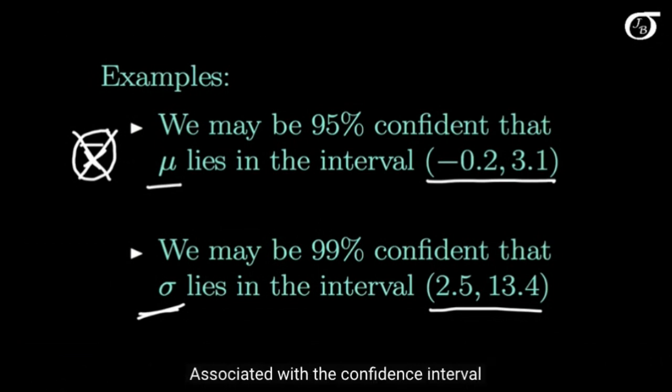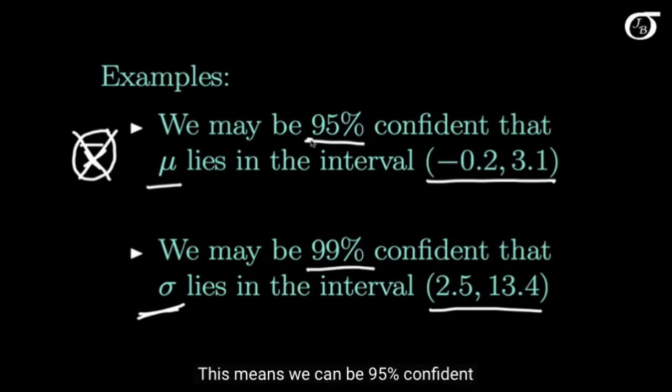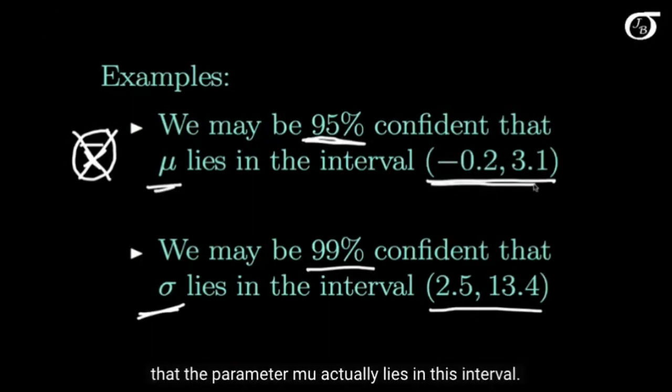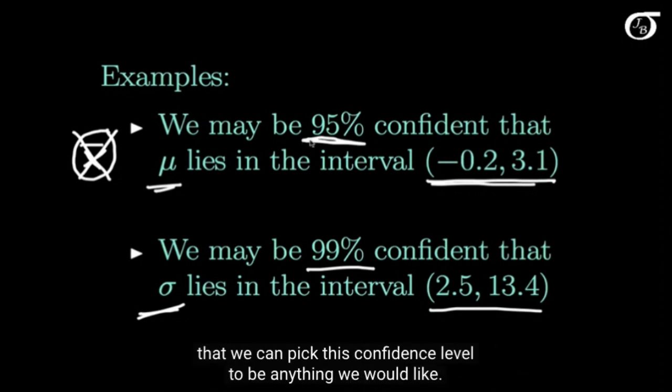Associated with the confidence interval is a confidence level, here being 95% and here being 99%. This means we can be 95% confident that the parameter mu actually lies in this interval. We'll see as we work through the methods in greater detail that we can pick this confidence level to be anything we would like.